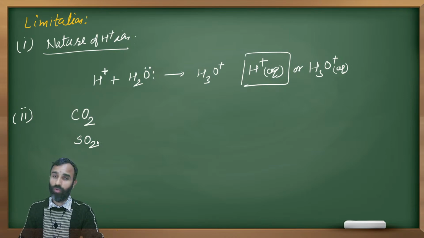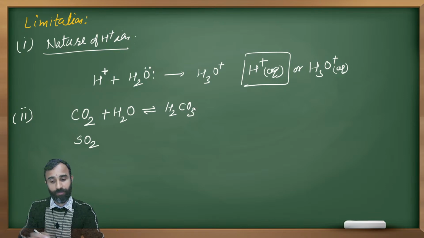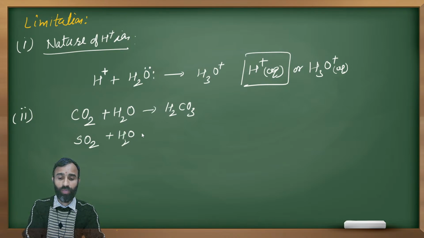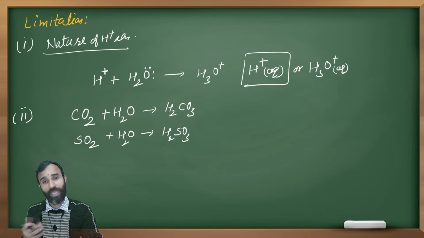But according to Arrhenius, they are not acid. So this problem can be solved when it is dissolved in water. It will give carbonic acid. SO2 when combined with water gives sulfurous acid, which in turn gives H plus ion.